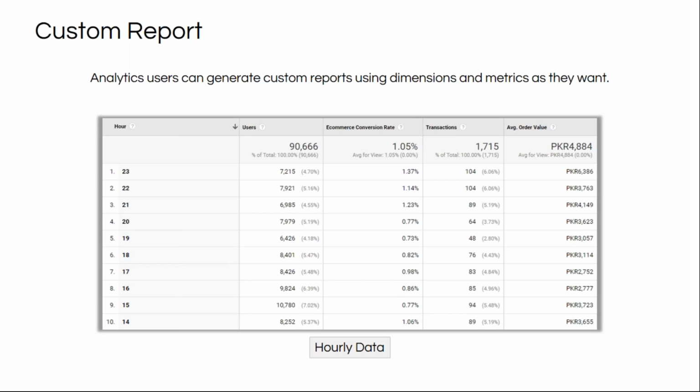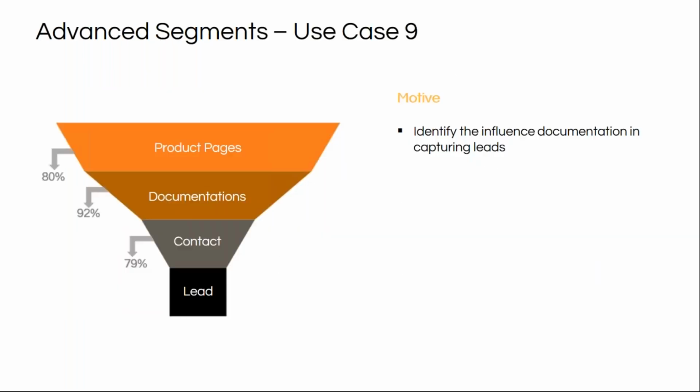So what we want as a dimension is hourly data, and we want to get the e-commerce conversion rate metric, blend it into one report and see how it varies. So in such instances, we will have to use our own combination and create our own report to fulfill our task.